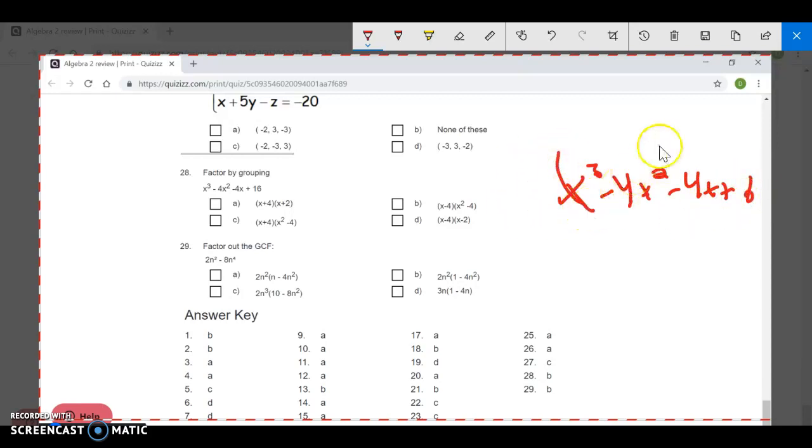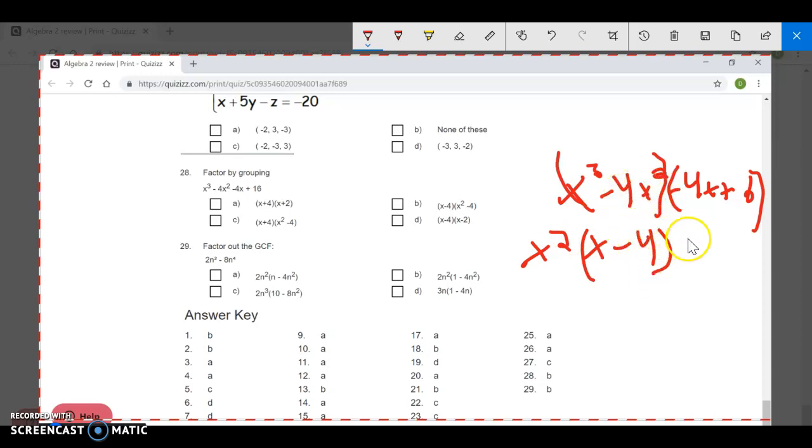So I'm going to group this one together and then this one together. And then remember from here you have to pull out something in common. I noticed that both have an x squared, so I'm going to pull out an x squared. And then you need to see what's left. So right here, x squared times x gives me x cubed. x squared times 1 gives me x squared, but then I'm left with the 4.